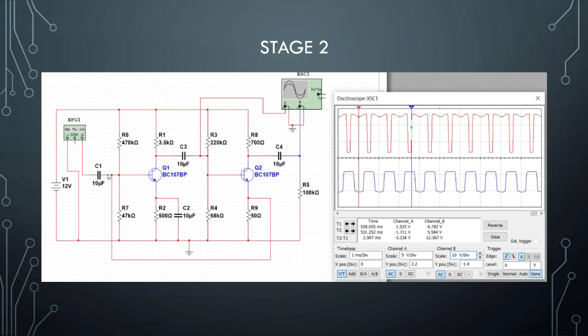So the input at stage 1 is positive, then the output that we get is negative.